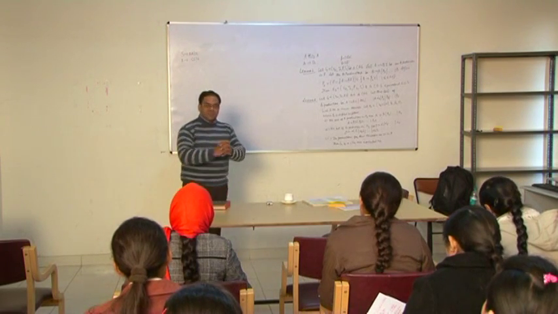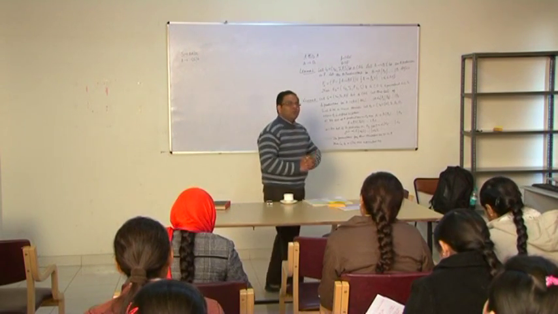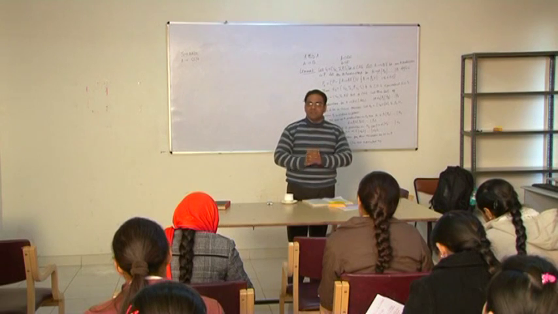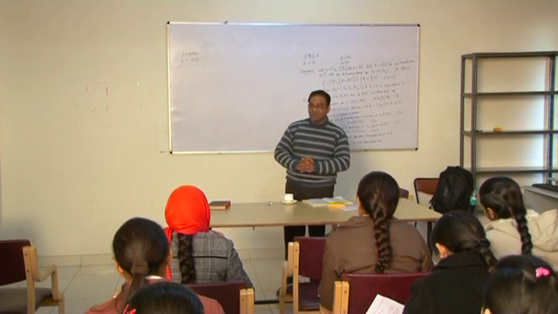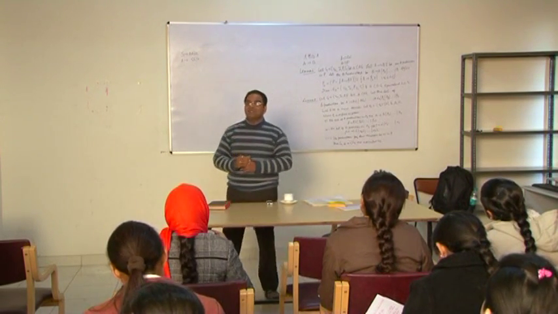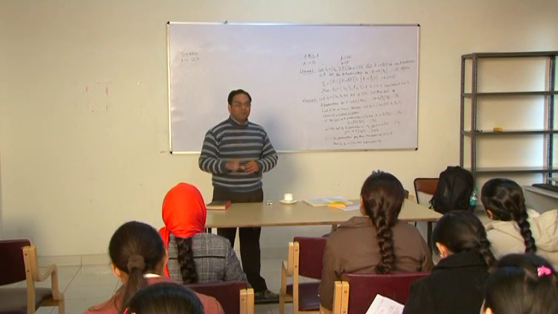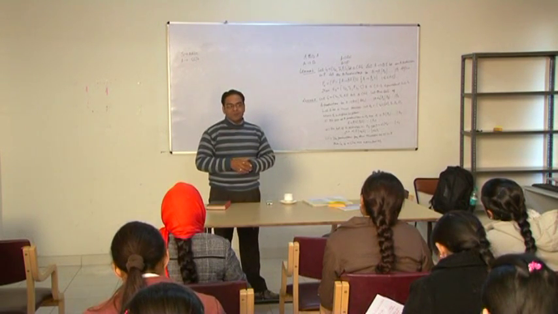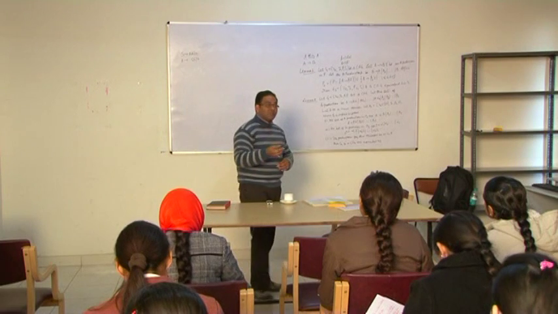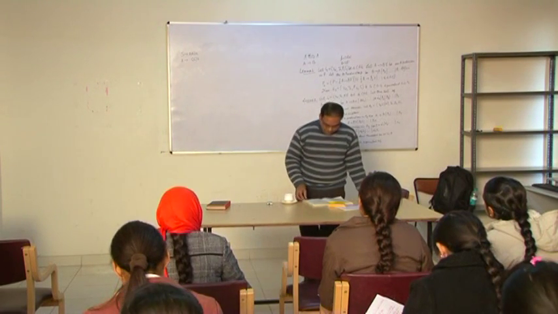Second step, there are no null productions. Third step, there are no unit productions. So you write these three points exclusively and then move forward to the fourth point. Right? There are marks for this also in the answers.